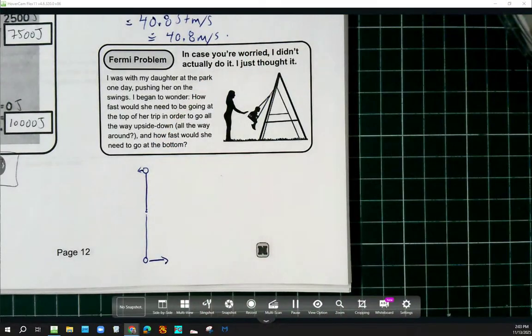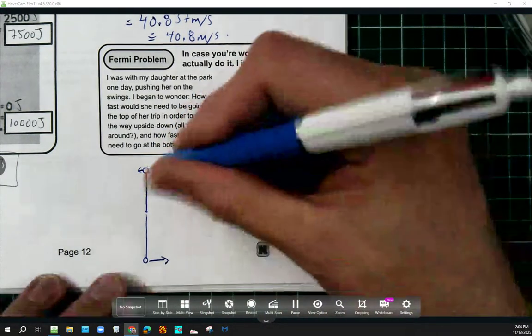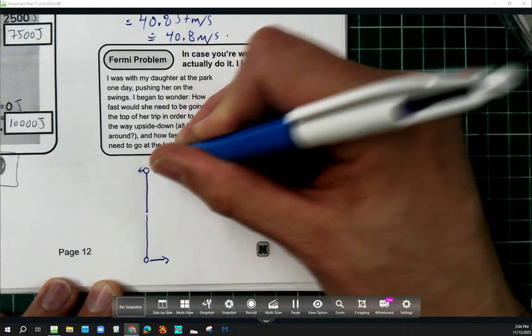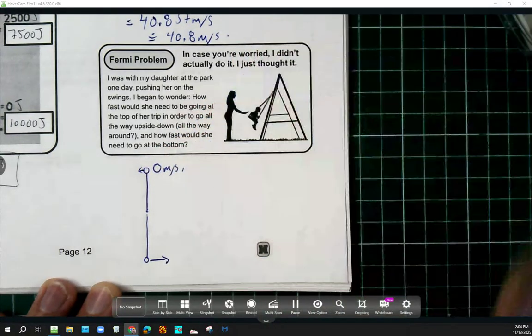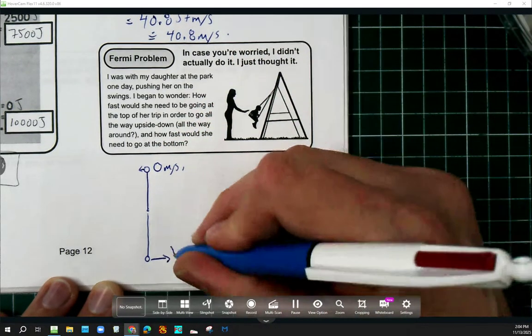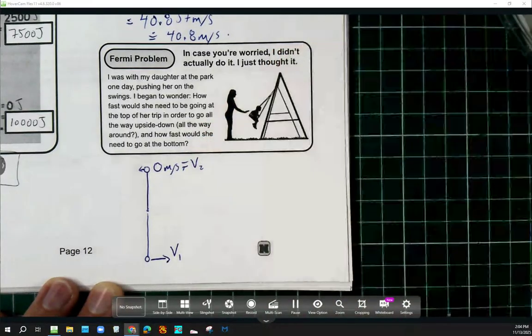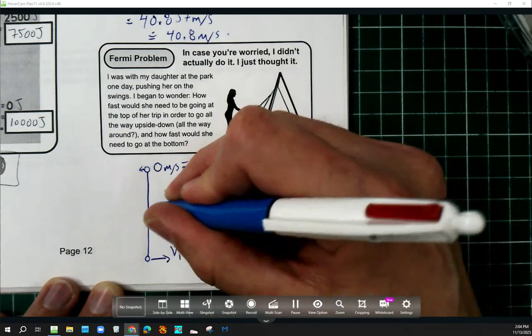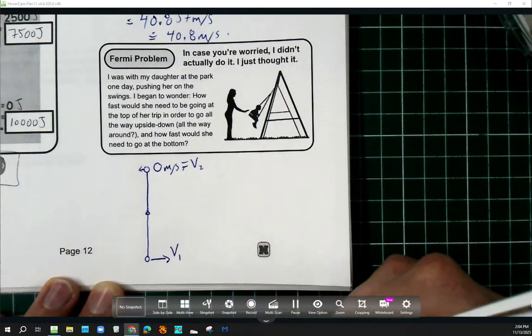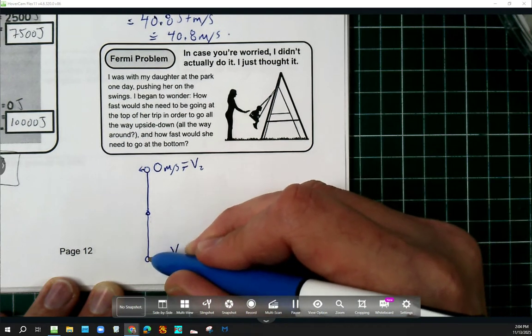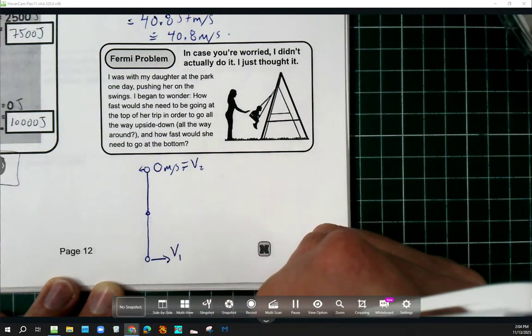Well, I think the critical speed would have to be where she just barely makes it, where this is just 0 meters per second. And so how fast would she have to be going at the bottom if v2 was 0 meters per second? Well, if I'm thinking of this as a conservation of energy thing, I would need to know how long the support chain or support rope is for the swing.